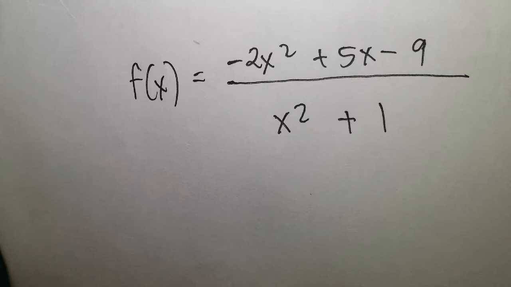Now, the third rule states that if the degree of the numerator is greater than the degree of the denominator, the graph of f has no horizontal asymptote. In the equation, the leading terms are negative 2x raised to the power of 2 for the numerator and x raised to the power of 2 for the denominator.